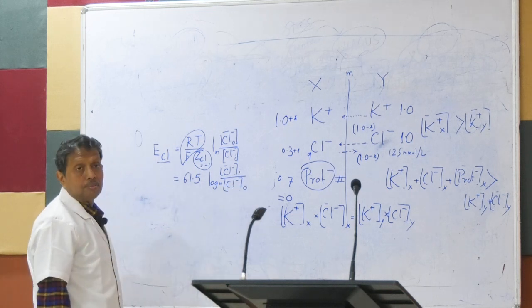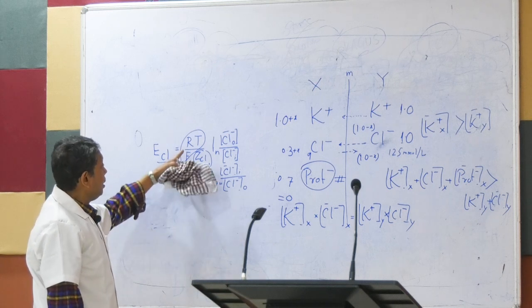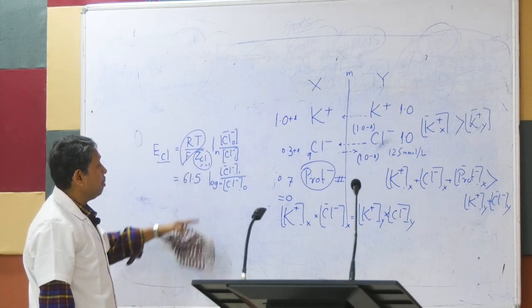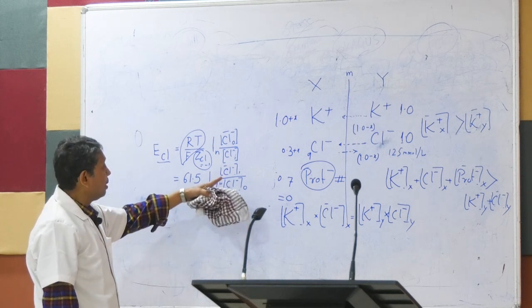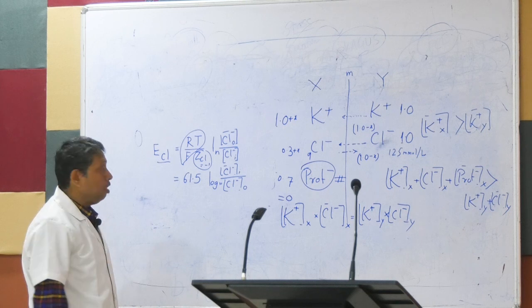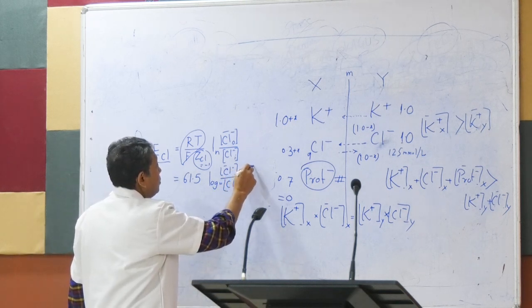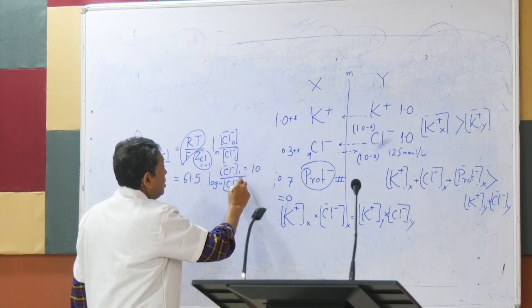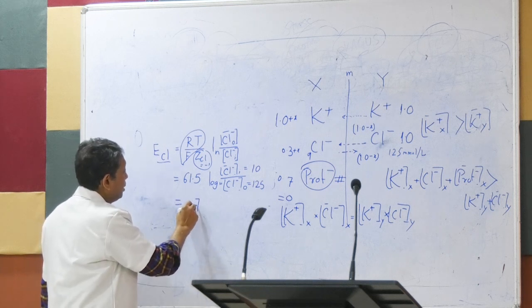You remove the negative charge, use these values, and if you do this, you will get a value. You replace this, consider it scale, and it is 125, and you will get a negative value of -70.